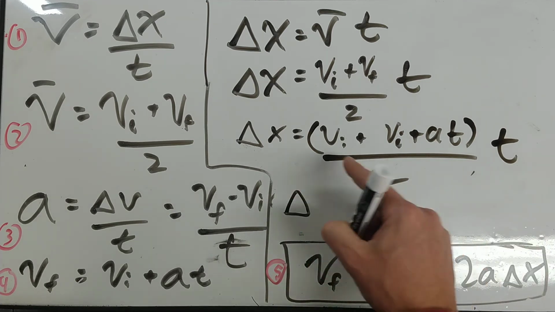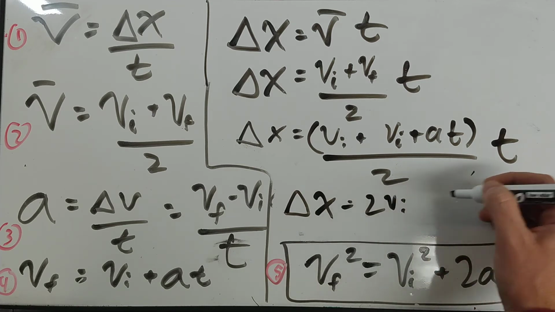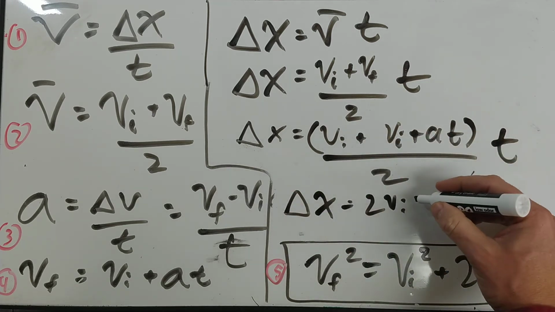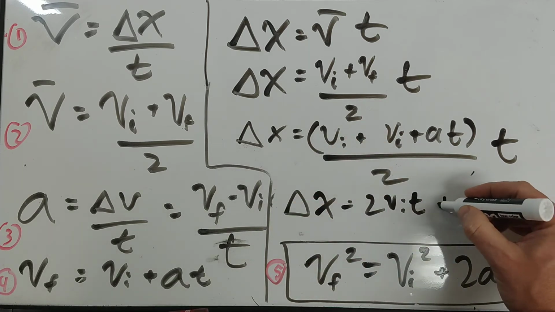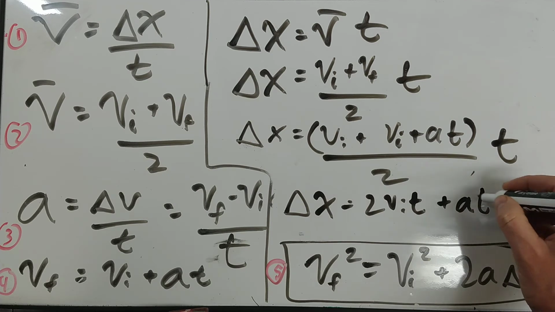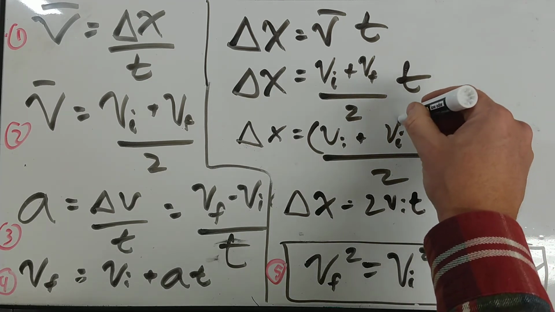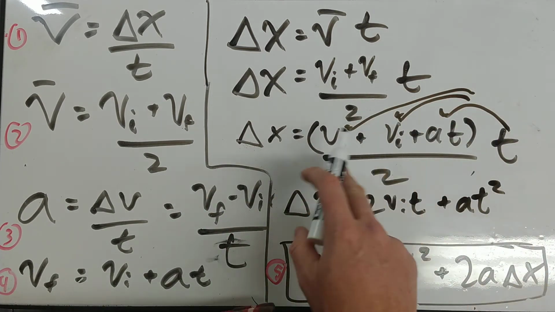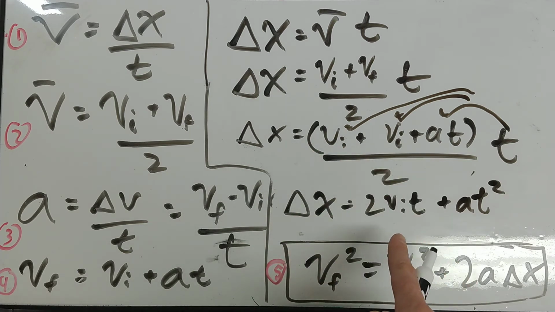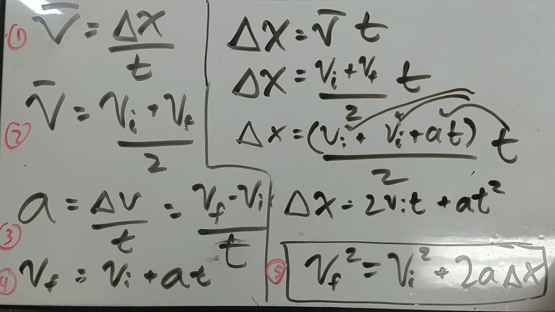V initial plus v initial is 2 v initial, and I multiply the t across the top: 2 v initial t, plus at squared, all divided by 2.